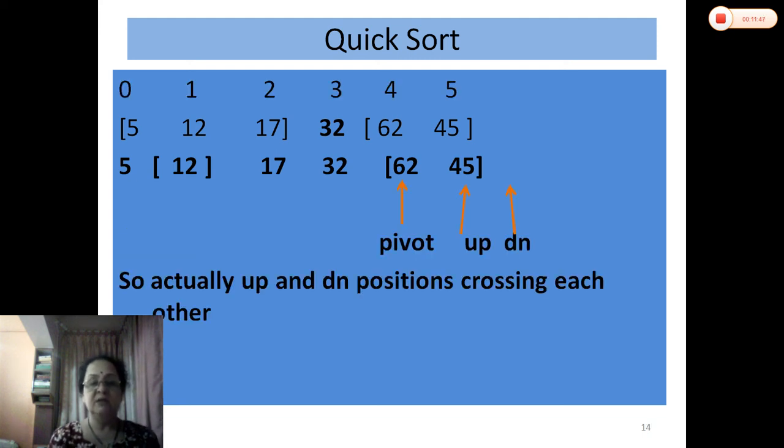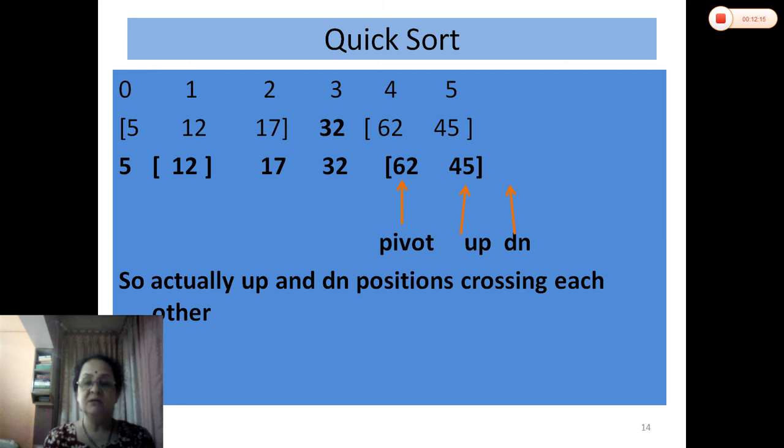Now we consider the right partition. So here we consider 62 as the pivot. Up will be pointing towards the last position, that is 45, the fifth position. And down again will start from 45, but 45 is not bigger than 62. So we increment down, and it crosses the array limits.